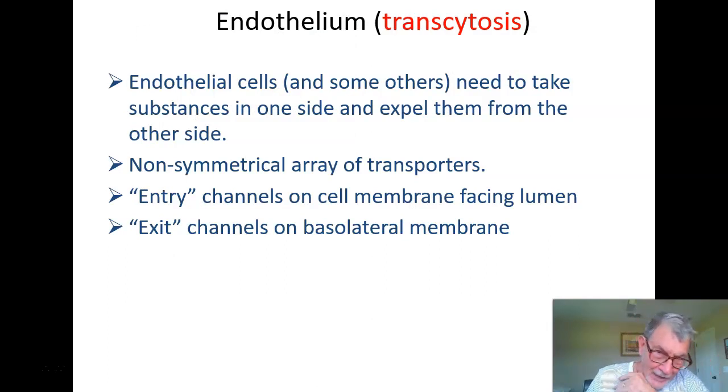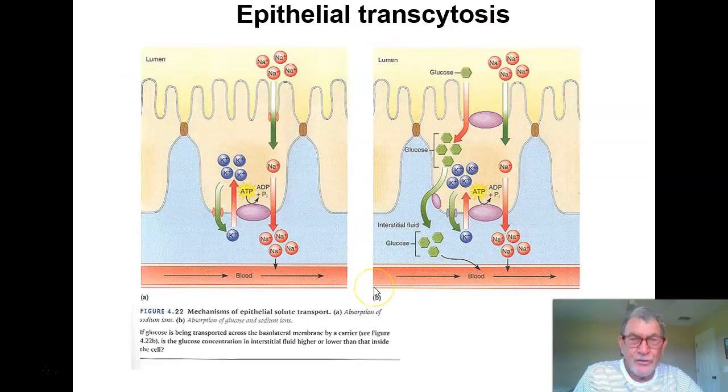And transcytosis means it's got to come in one membrane and go out the other one. This is like that intestinal wall. It's got to come in one membrane and go out the other. It's not just coming in the cell and staying there. This cell has to suck it in and spit it out. It's got an innie and an outie on it, so that you'll take it in one way and exit from the other side. So here we had our sodium coming in and being pumped this way.